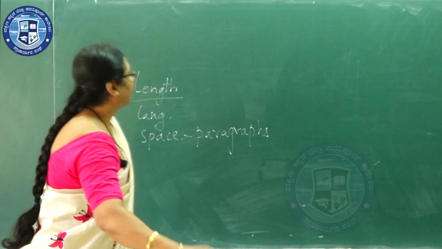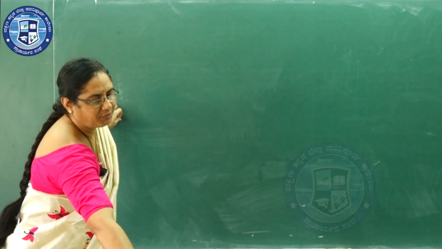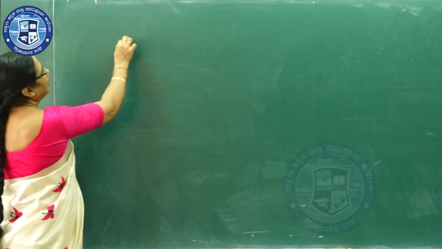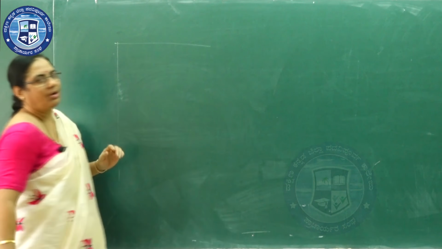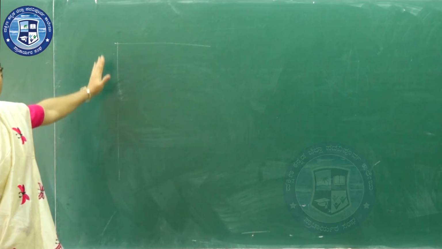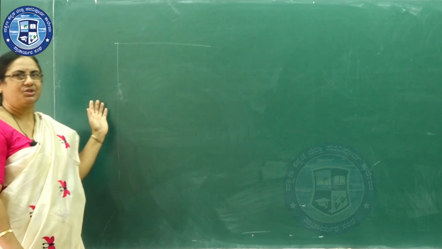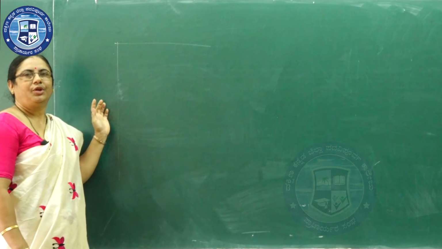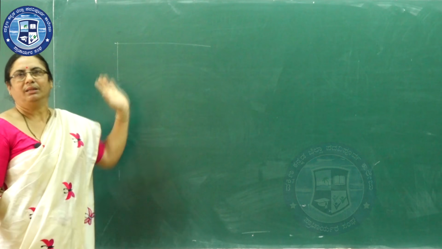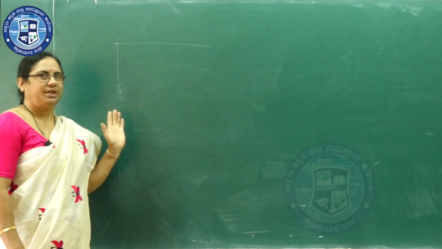Now, how do we start writing the letter? The first point we have to keep in mind is we leave the margin space both on the left side and on the top. Now, of course, in the examination answer paper, you have no problem regarding the margin because it's already a ruled sheet.